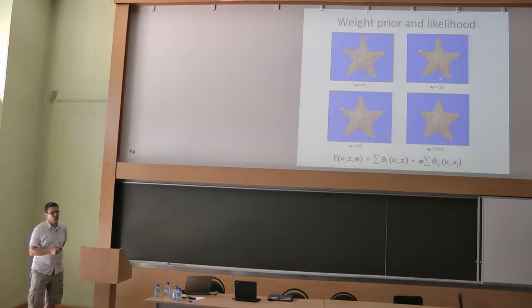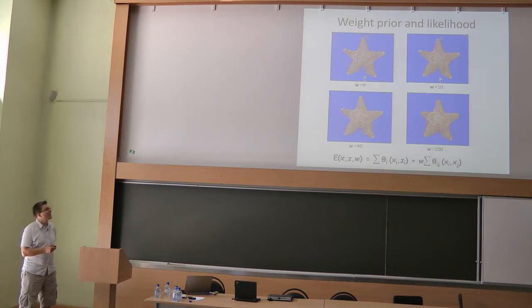So now you could ask, well, what about the W? If the W is, for instance, 0, we go back to the maximum likelihood. If W increases, then we get results which are more coherent. So what would be the result if W goes to infinity? To the trivial solution, exactly, yes.